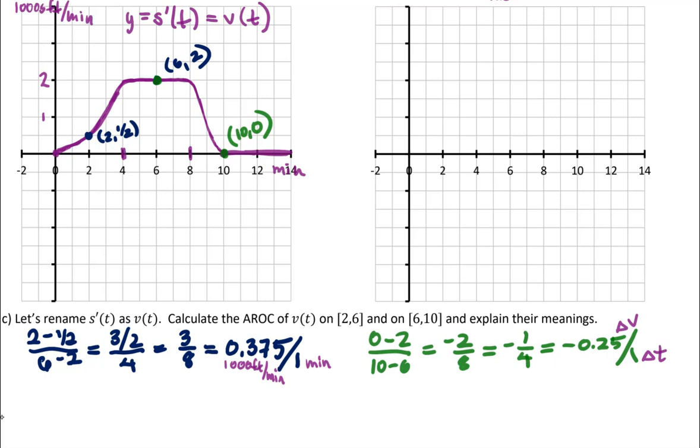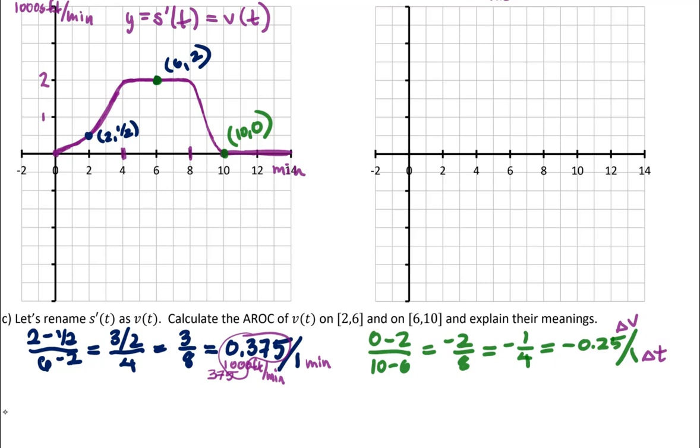Before I really get into explaining, I'm going to simplify part of this just a little bit for myself. 0.375 thousand feet is really 375, right? 0.375 thousand is 375. So putting it all together, I would say that from minute 2 to minute 6 of this trip, our velocity is increasing by an average of 375 feet per minute each minute.